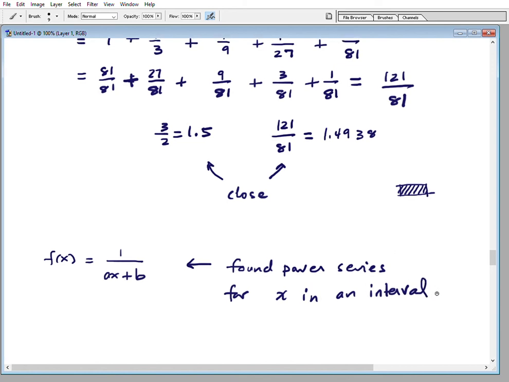Just for x in a limited interval, we could get this equal to a power series for some x values in a specific interval. That's what we've done so far, really.